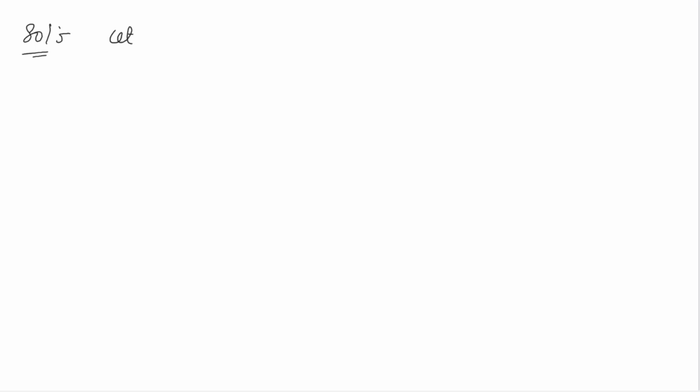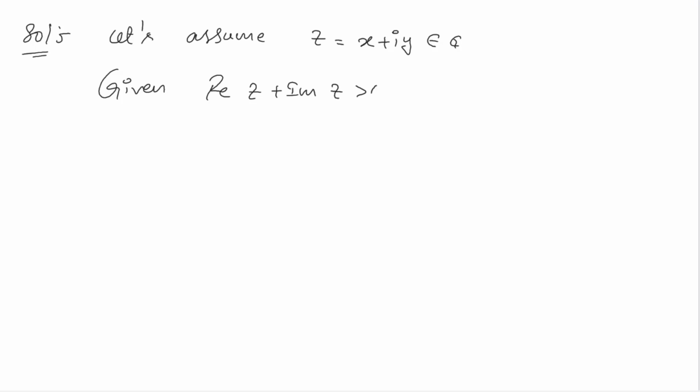Firstly, let's assume z as the complex number x plus iy in C. Then it is given that real part of z plus imaginary part of z greater than 0.